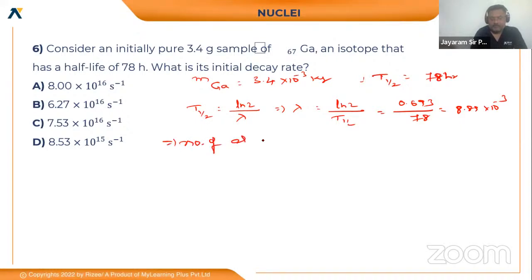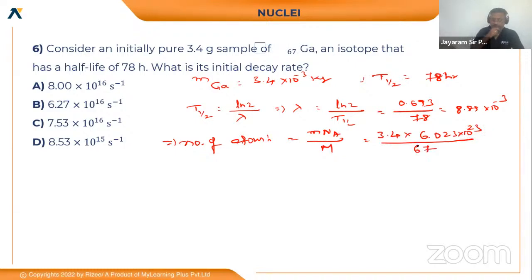Number of atoms is equal to M into Na by molecular weight, that is Avogadro number by molecular weight, which is 3.4 into 6.023 into 10 to the power of 23 by the molecular weight, which is 67. So next, the initial rate of decay is equal to dN by dt, which is equal to lambda into N naught.